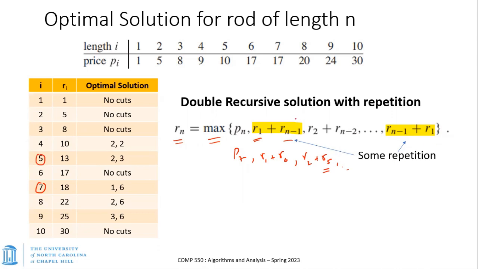So as you can see, there are a couple of problems in this, okay? The first one I've highlighted over here is that there is some repetition. You can see that R1 plus R6 is the same as R6 plus R1, okay? So that's one problem that we need to perhaps resolve. The other problem is that it is double recursive, in other words, it's calling itself twice.